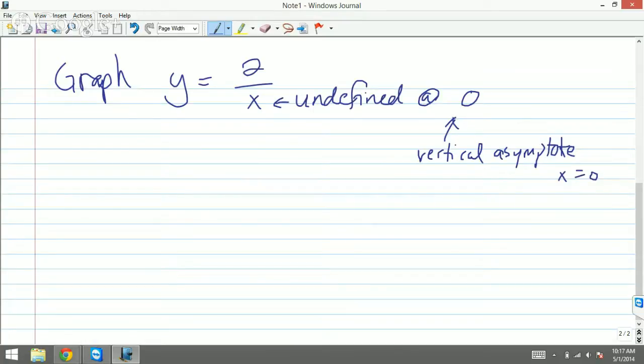X equals 0. Pretty much. All right, so wherever the denominator is undefined is your vertical asymptote.